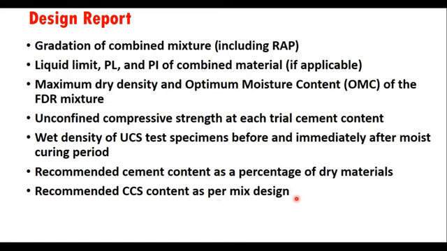Now here, in addition to this, the graph between UCS and cement content and the graph between loss in weight with cement content should also be provided with the design report.